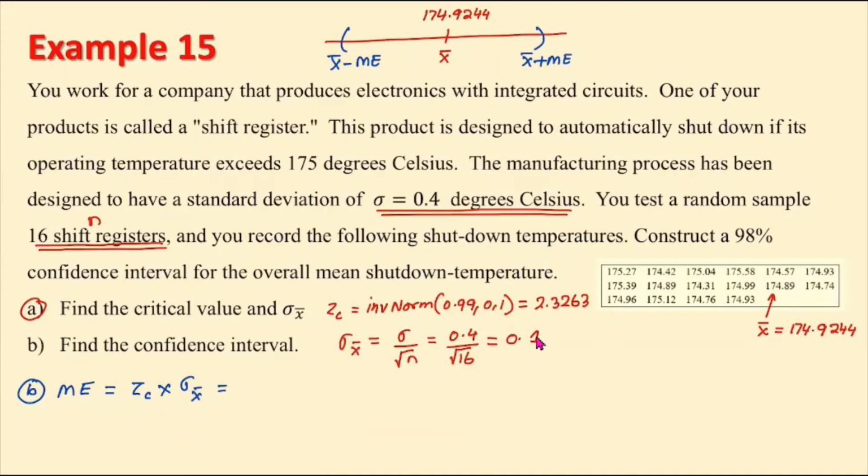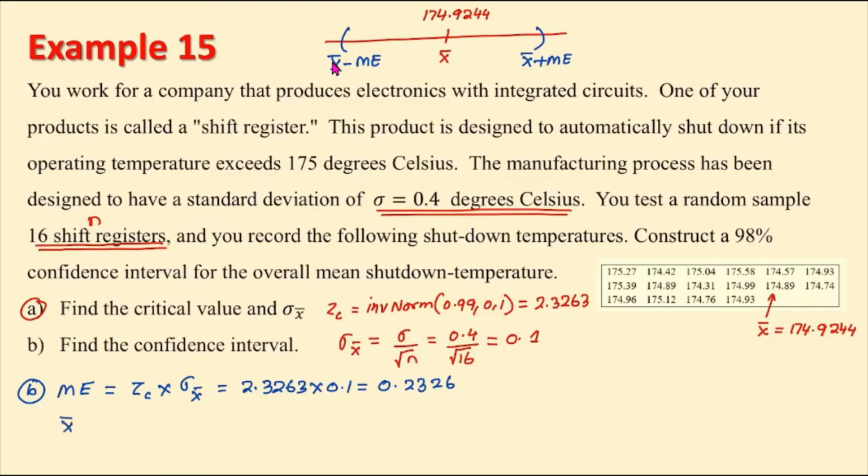It is 2.3263 multiplied by 0.1, which is equal to 0.2326 when you round to 4 decimal places. That's the margin of error. Now you can subtract the margin of error to get the lower boundary.